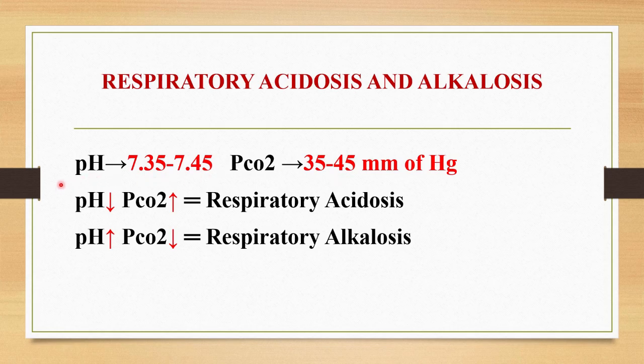One more thing you need to keep in mind, in respiratory acidosis and alkalosis, the values will always be opposite. So in respiratory acidosis, the pH is less and PCO2 is high. And in respiratory alkalosis, the pH is high and PCO2 is less.